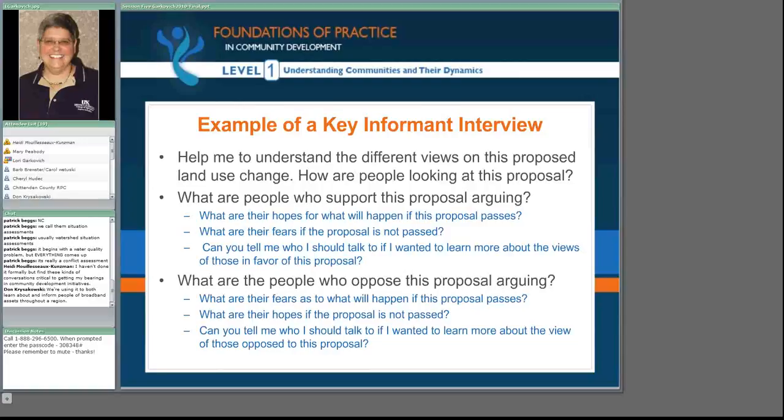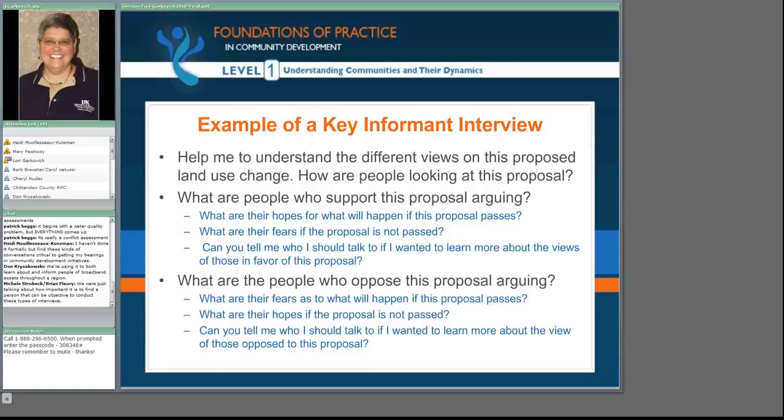Let me just say one kind of cautionary note here. If you're using key informant interviews to really try and do a situational analysis where you get a comprehensive look at the community and an understanding of the community issues, you need to be very systematic in who you talk to.